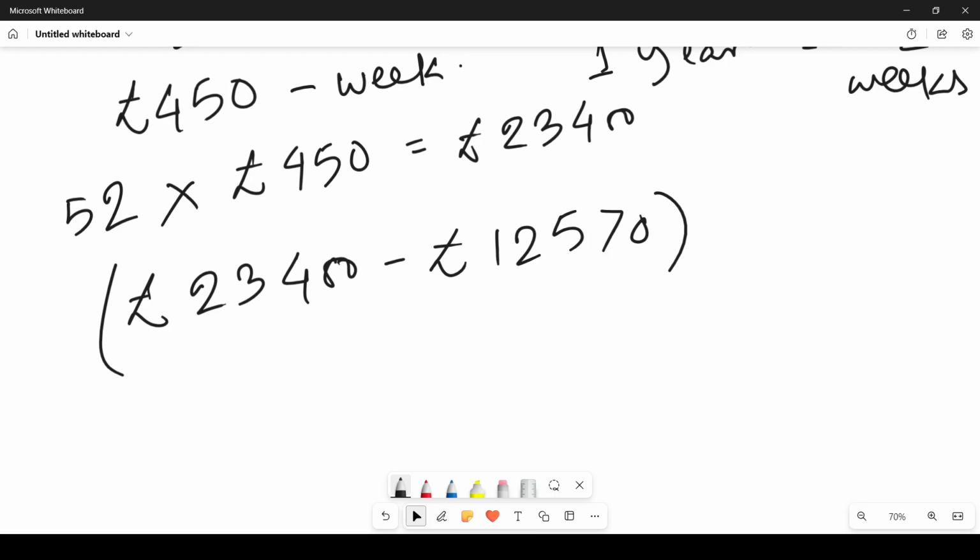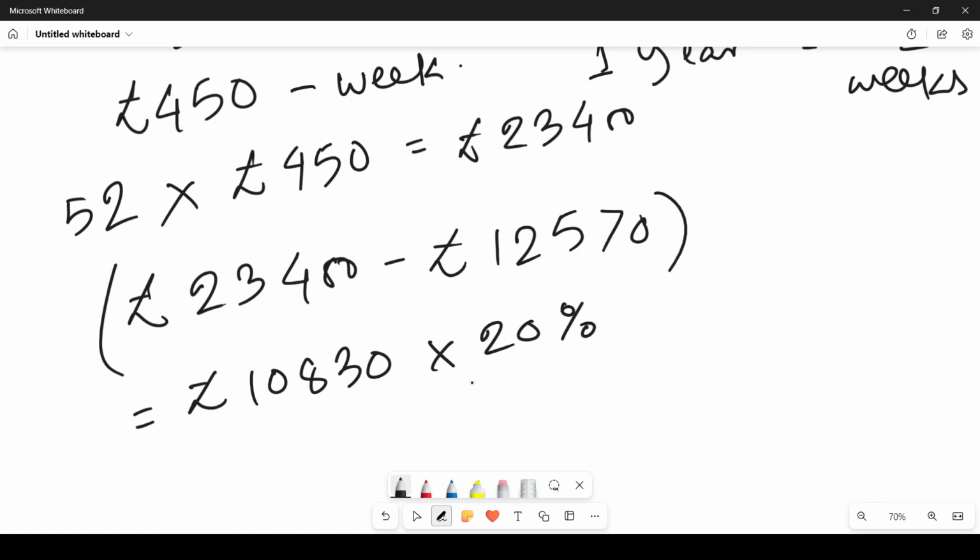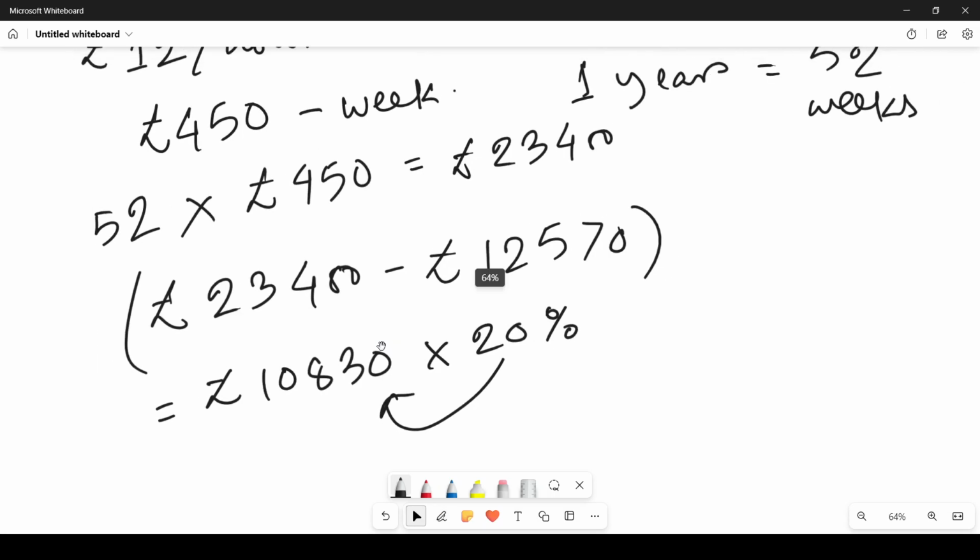So let's subtract this amount, and then you will be left with 10,830. So you need to pay 20% of this left amount as your income tax.